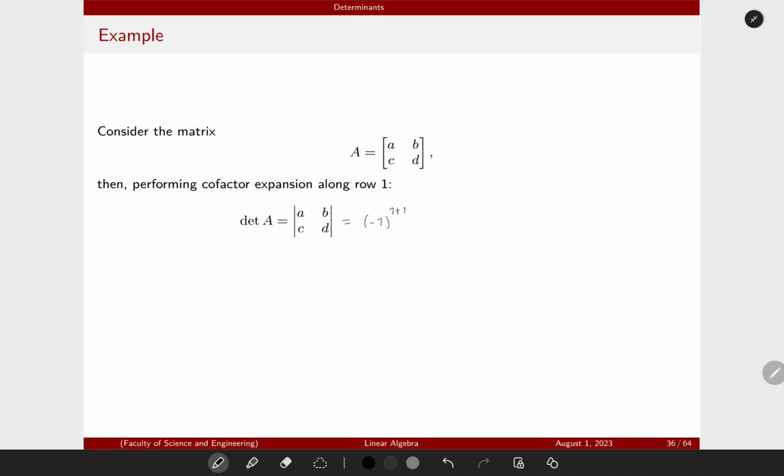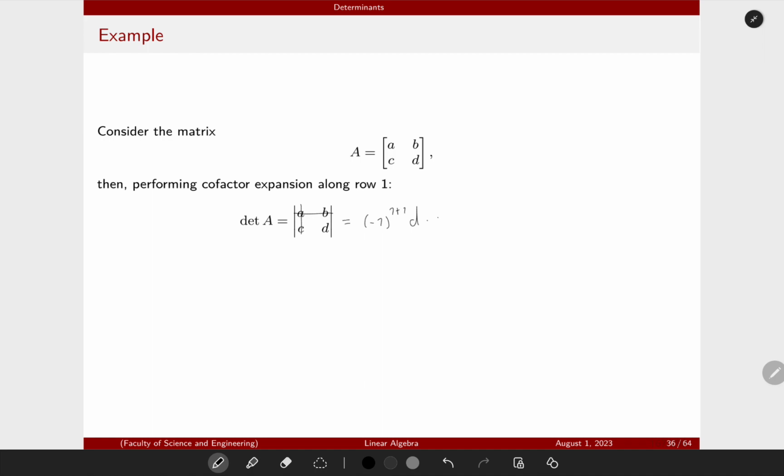Then we multiply by the determinant of the matrix which has the column and row in which A is located removed. So in our head, we remove this column and this row, and we are left with this matrix, just D. The determinant of D is just D itself.